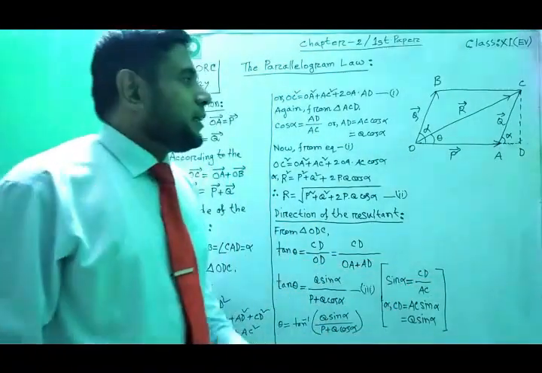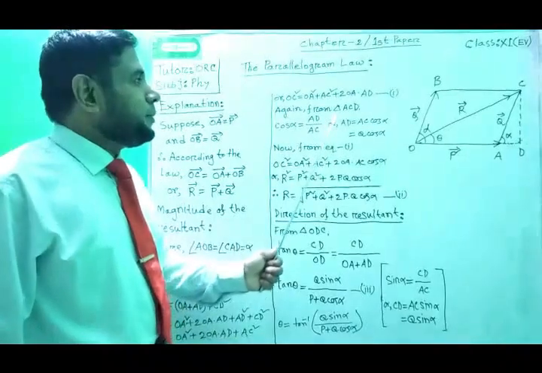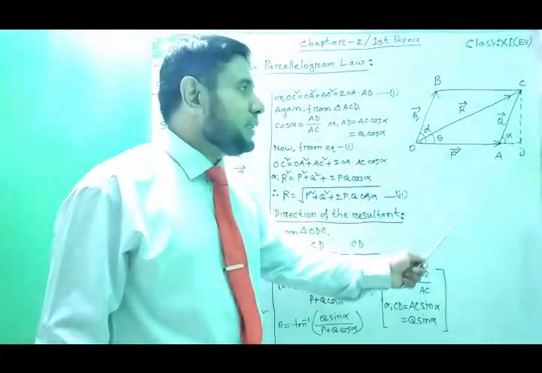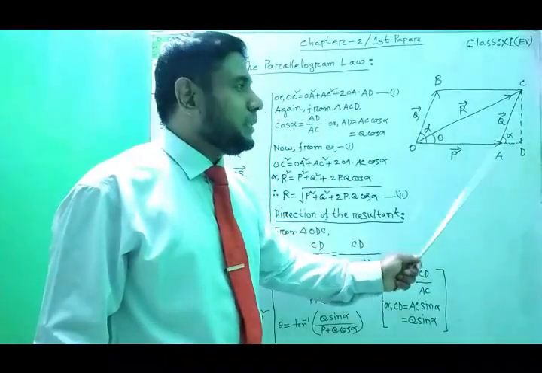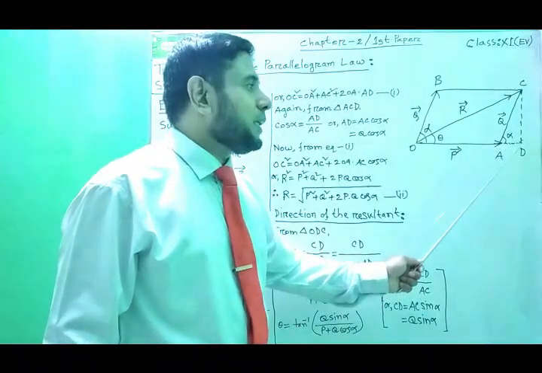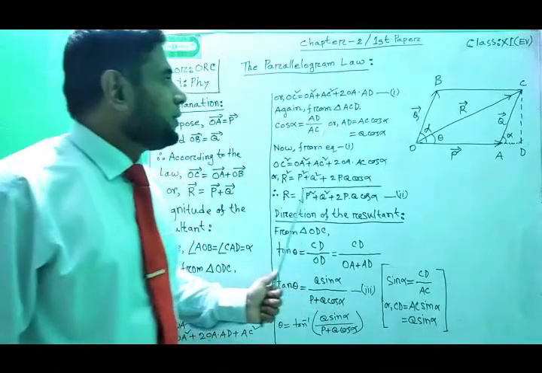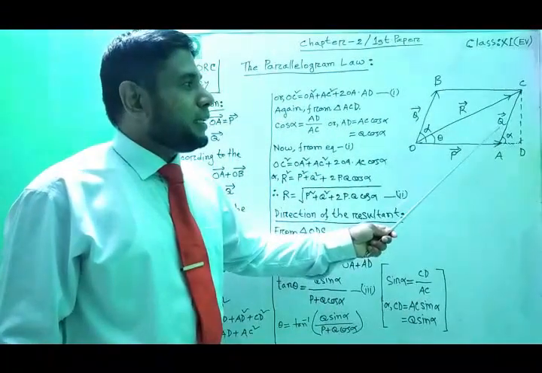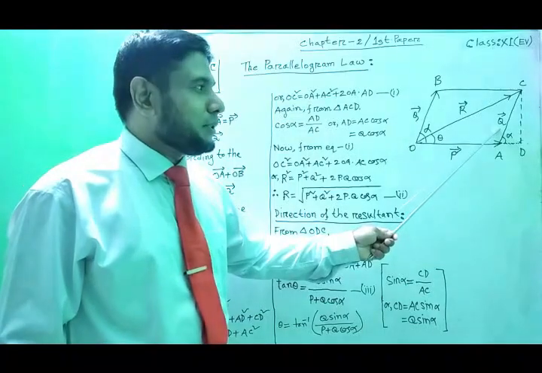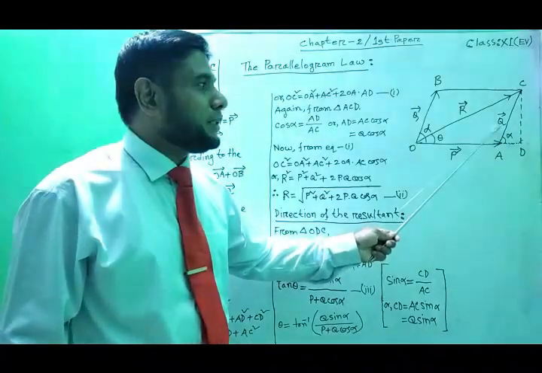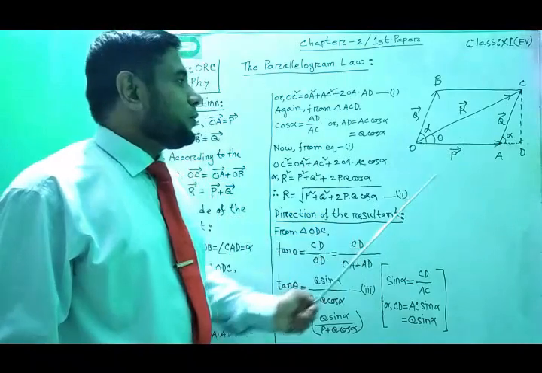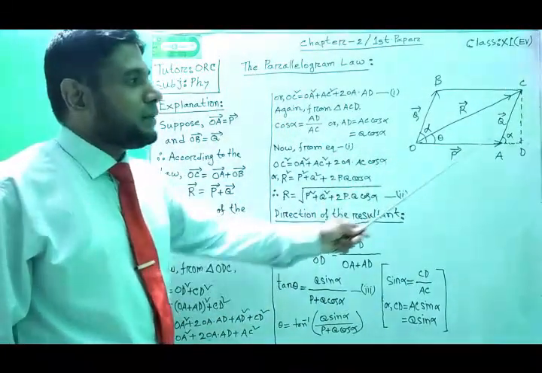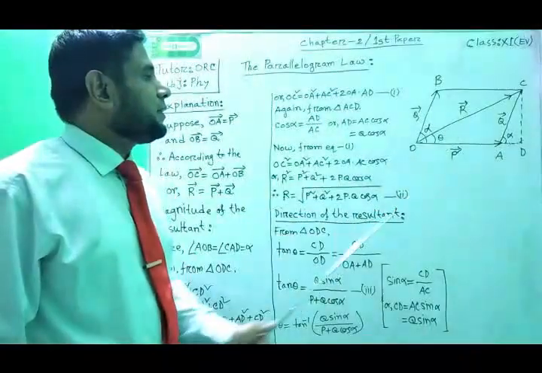This is why, again from triangle ACD, you can easily find out the value of AD. AD is the base, and another given information is the hypotenuse. So the relation between base and hypotenuse is cos theta, and here theta means alpha, so we apply cos alpha.